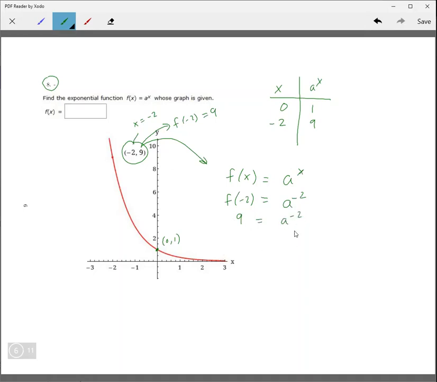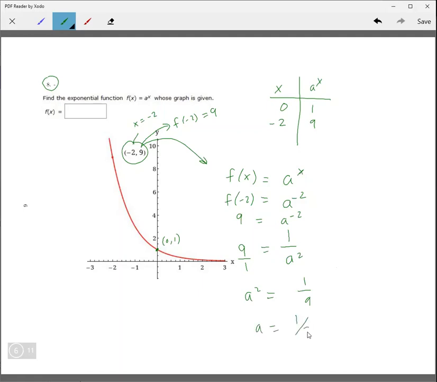Now this is the same as 1 over a squared. I can also take reciprocals of both sides, so they just swap places. So a squared is 1 over 9.